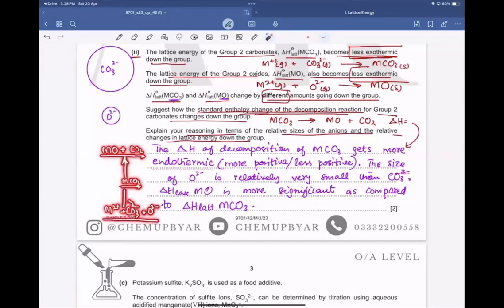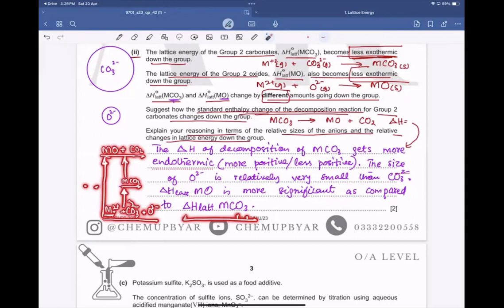So metal ions and carbonate ions are producing this, and metal ions and oxide ions are producing this. So if the metal gets changed, then see what will happen.